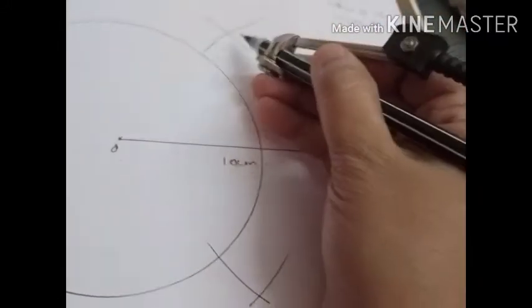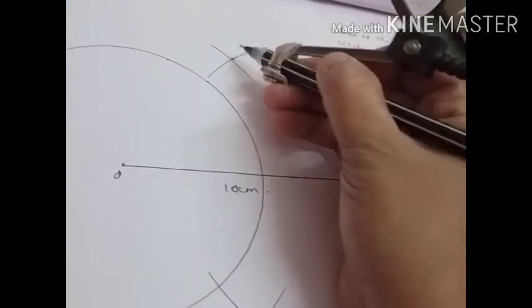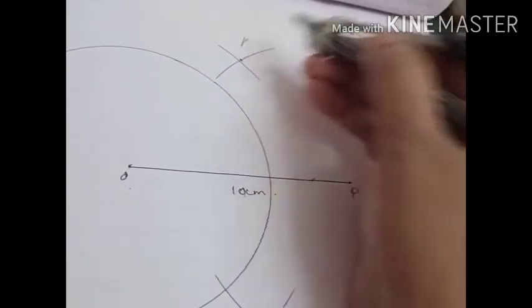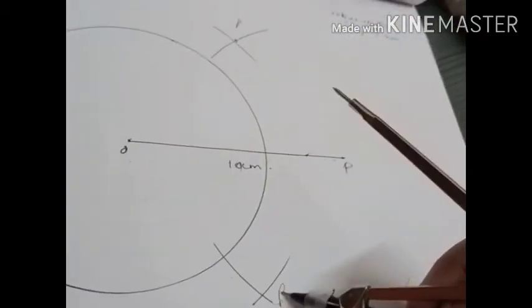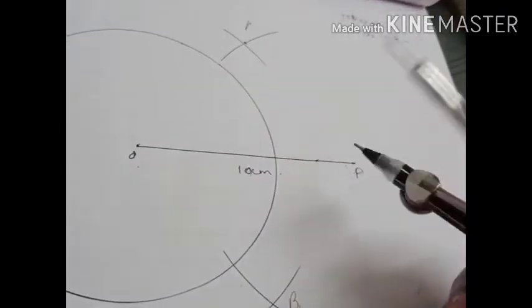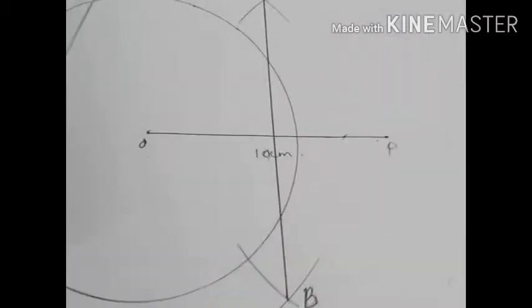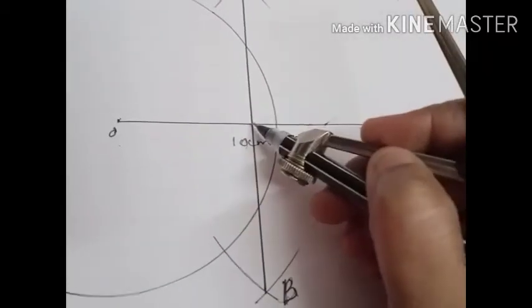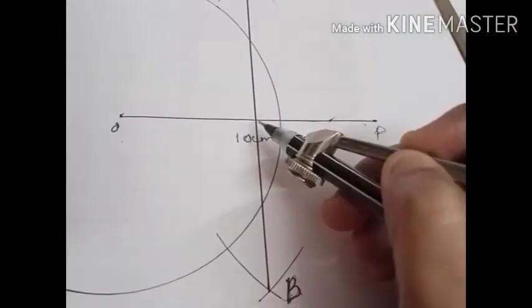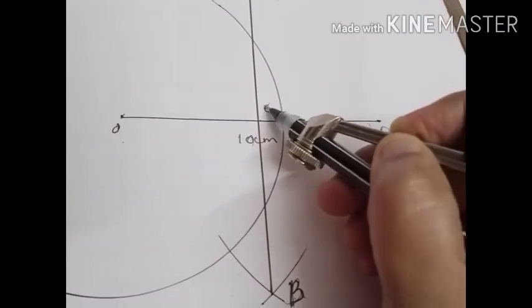Then we will get 2 points, that is we can name it as any way A, B. Here I name that as A, B. Next step is we want to join them. Now we get the midpoint of this line segment OP. That I mark as C.